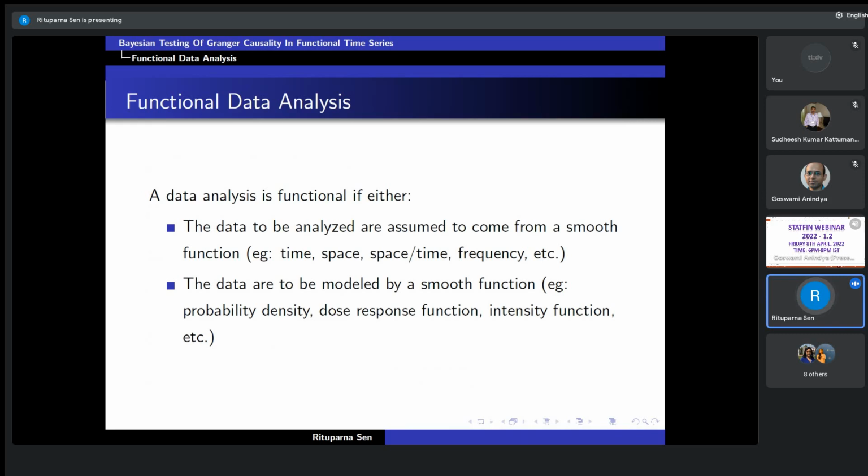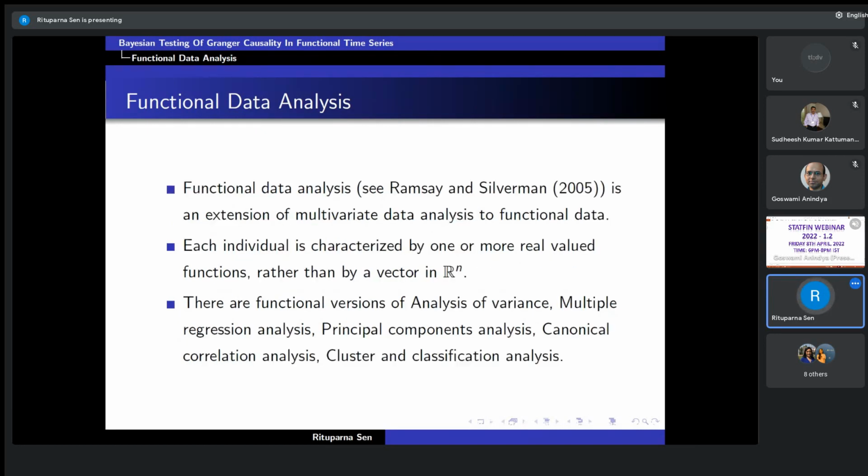And these could be actual functions observed over time or space or some frequency. Or these could be also some functions that arise in the analysis, like probability density functions or dose response function, intensity function, things like that. So that is what we are trying to model here.